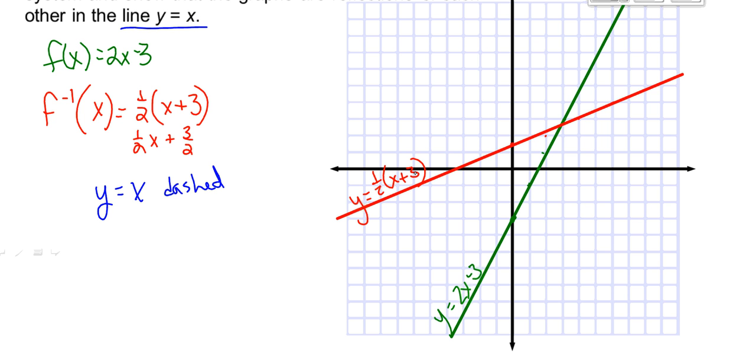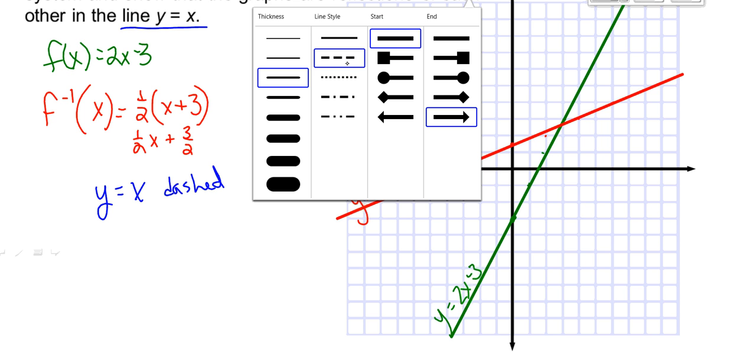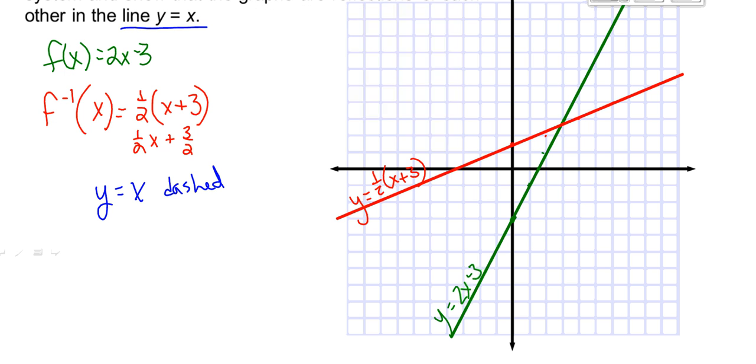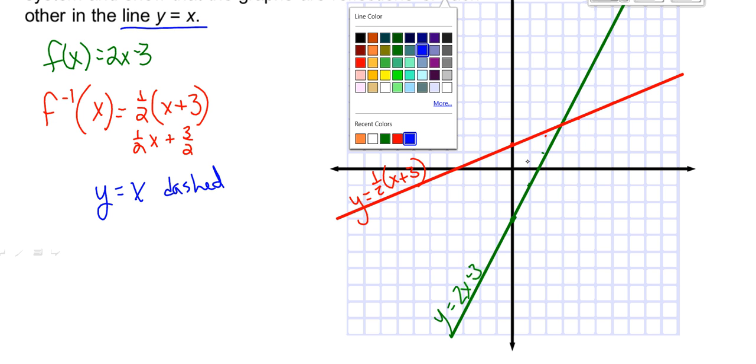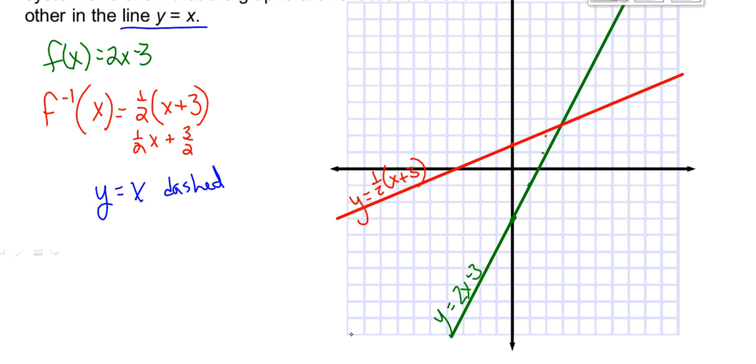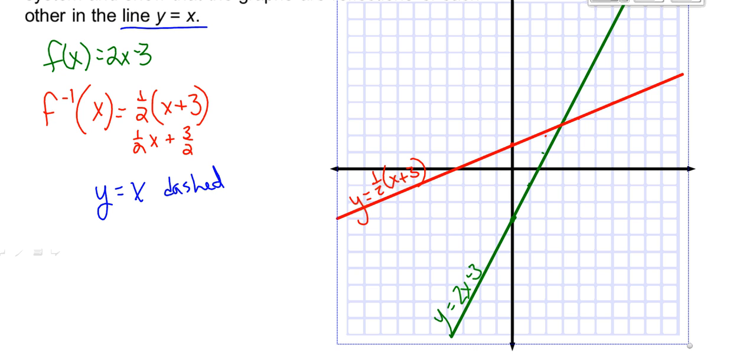And now I'm going to put in this line. And so this is just the line y equals x. So it goes through 0, 0, 1, 1, 2, 2, 3, 3, 4, 4, 5, 5, and oh, I put away my line, sorry.